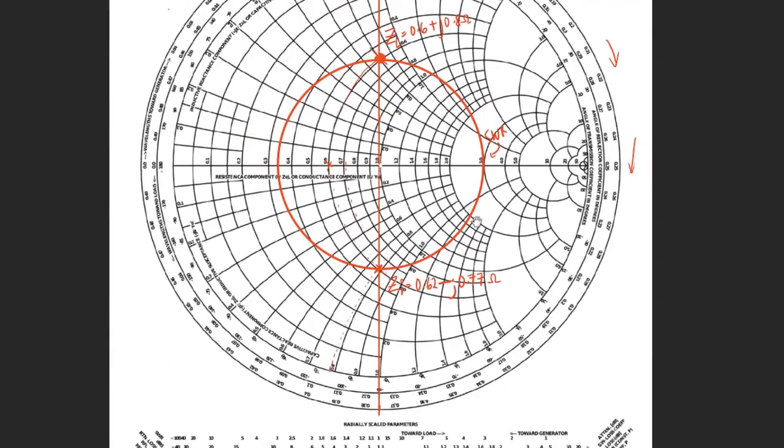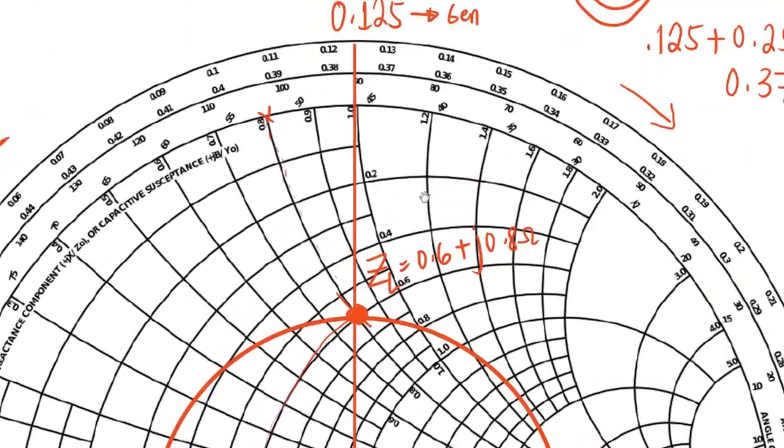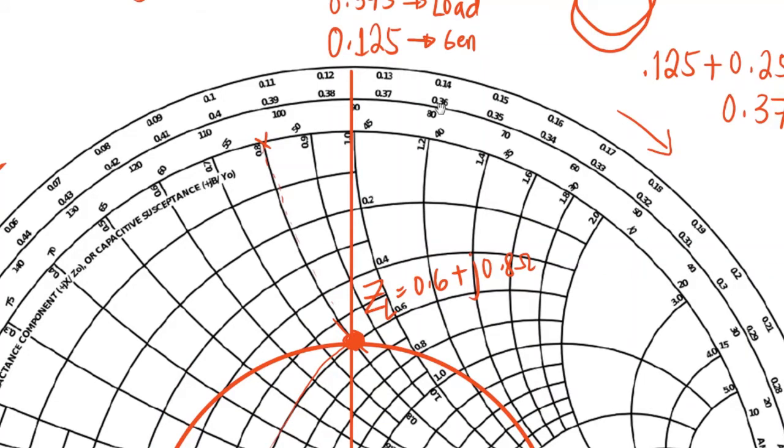The value we used earlier was 0.125 towards the generator.